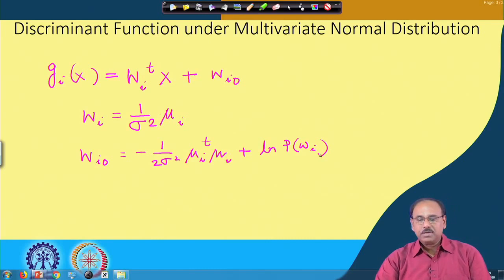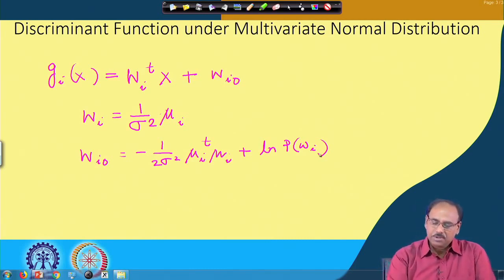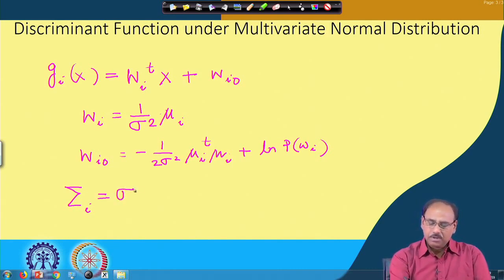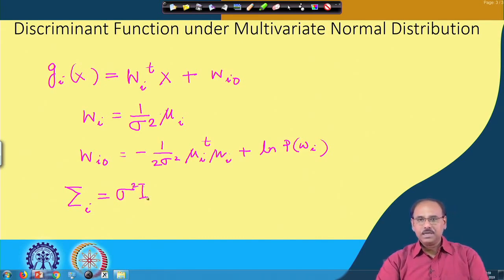This is the expression we have obtained under the assumption that sigma I, that is the covariance matrix for all the classes, is the same and is of the form sigma square I, which indicates that the covariance matrix is a diagonal matrix where all the off diagonal elements are 0 and all the diagonal elements of the covariance matrix are the same, sigma square.